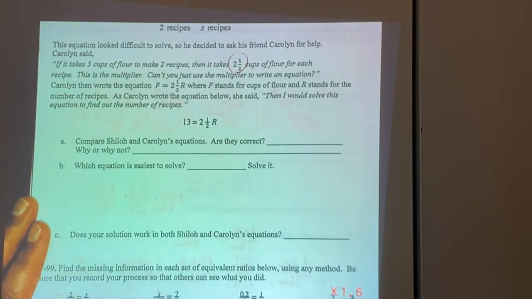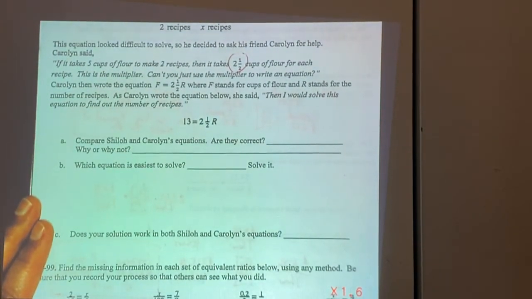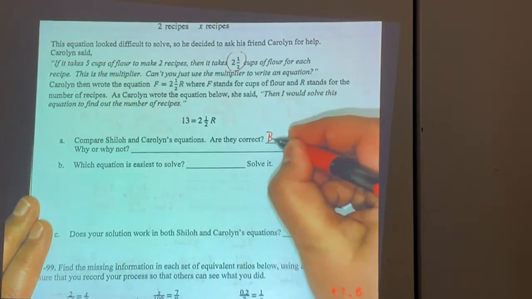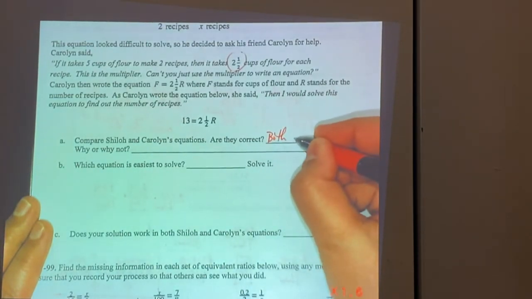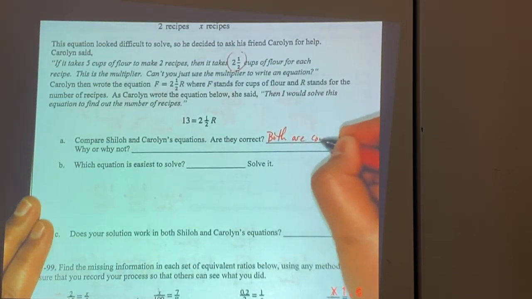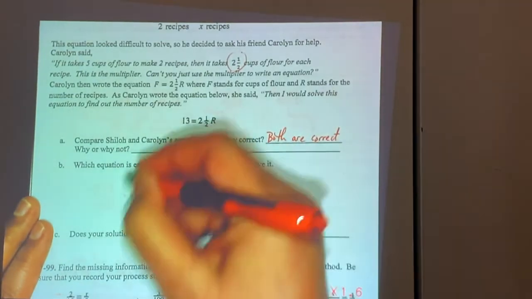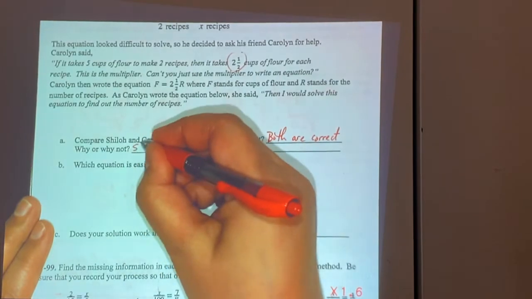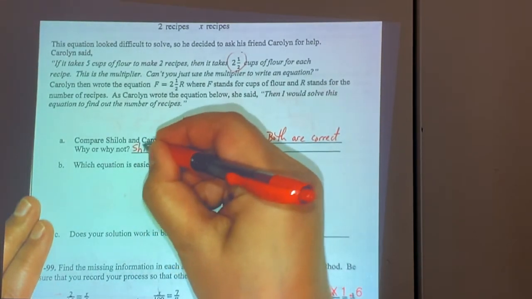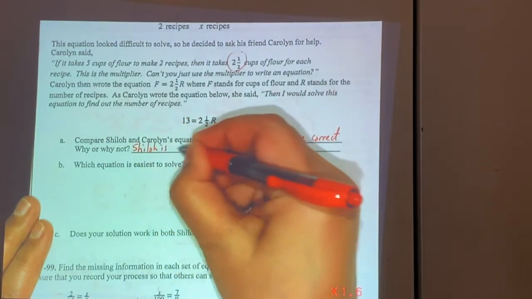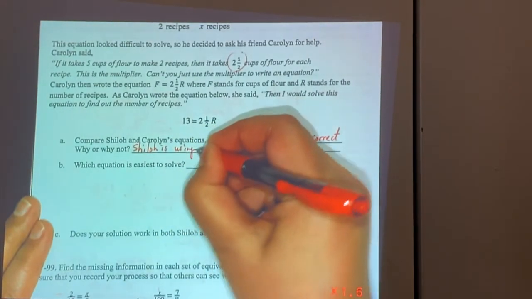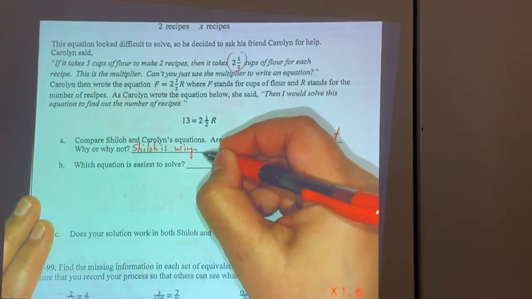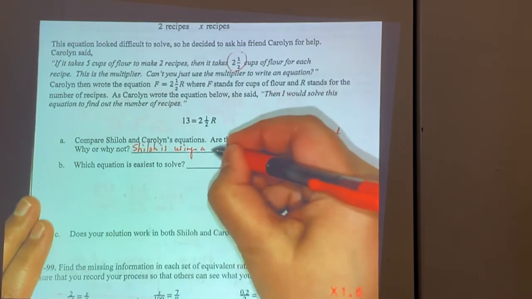Are they correct? Both are correct. Why or why not? Shiloh is using a proportion.